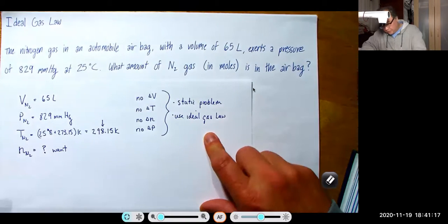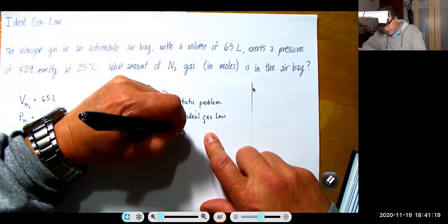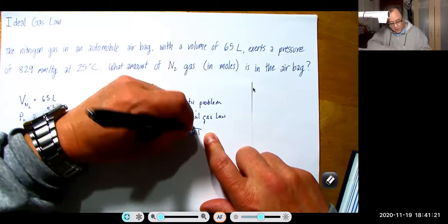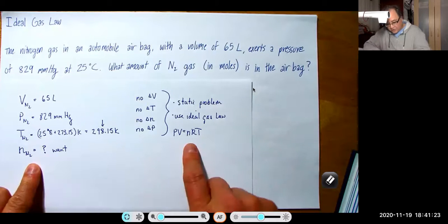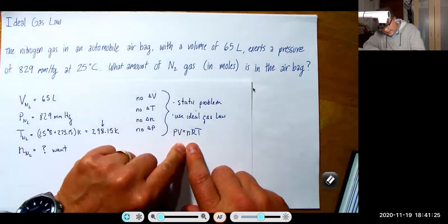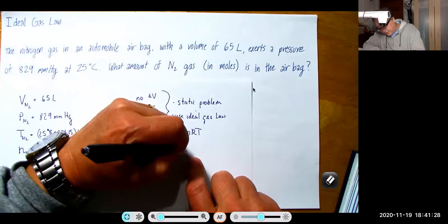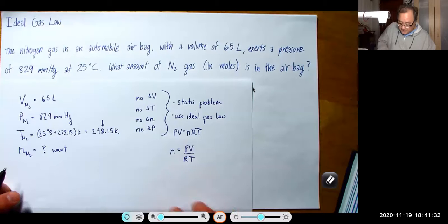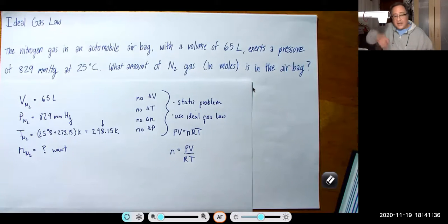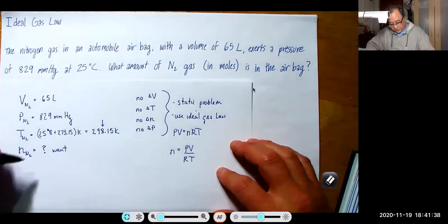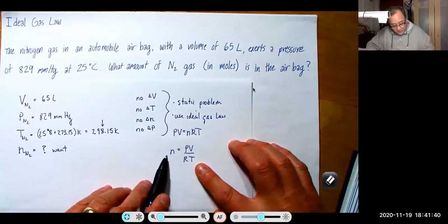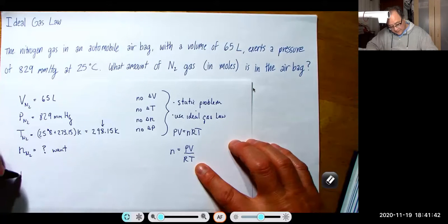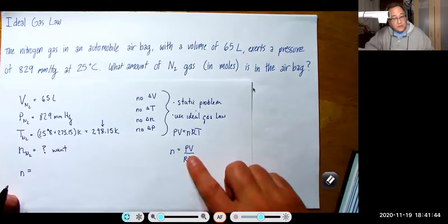So we want to use PV equals nRT. And since we want n, I'm going to rearrange this so that I get n on one side and everything else on the other. And by doing that, I can then plug numbers into this along with units, and everything should cancel very nicely, and I should end up with moles. So let me take this and write it over here. But when doing so, let me put in the proper numbers.